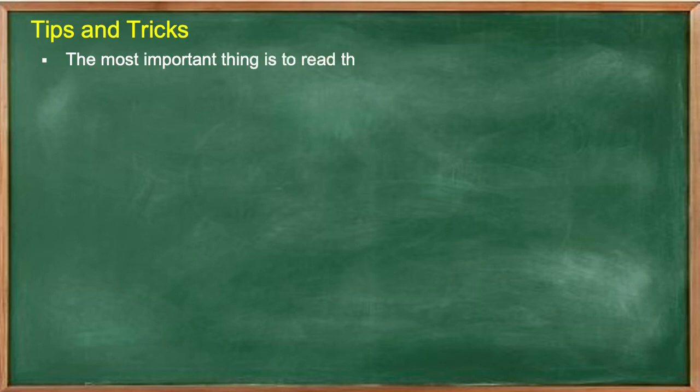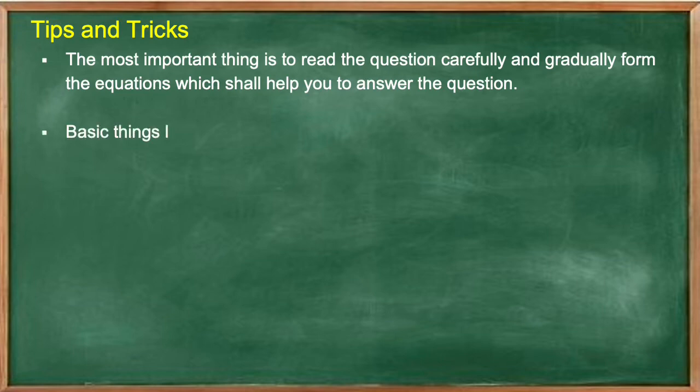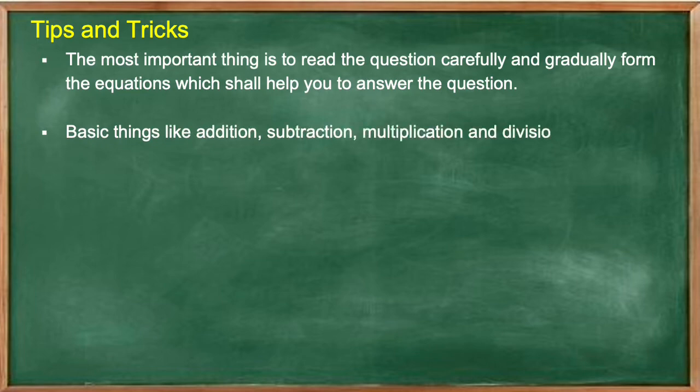The most important thing is to read the question carefully and gradually form the equations which shall help you to answer the question. Don't get confused or tensed if the question looks very complicated. You just have to form equations gradually for each relation one by one. Basic things like addition, subtraction, multiplication, and division will help a candidate reach the answer.